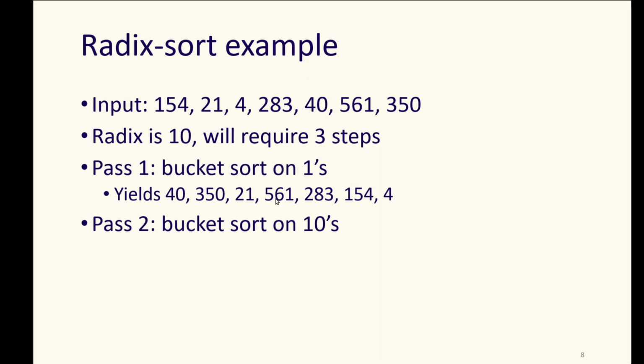Then we sort on the tens digit. So you can see that the 4 with only a single digit is treated as 04 and put into the 0 bucket. And it's already in its correct end location because it's the only single digit item and it's smaller than all of the others. So these two, 21 and 40, are accidentally in the right order now.